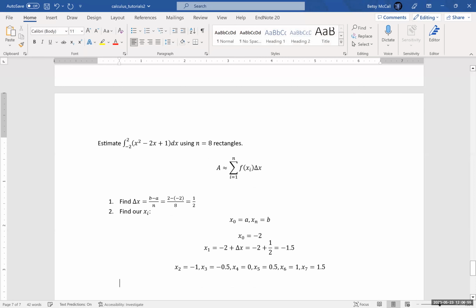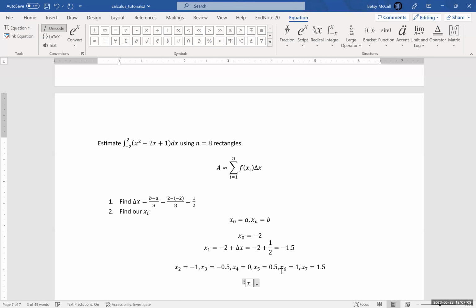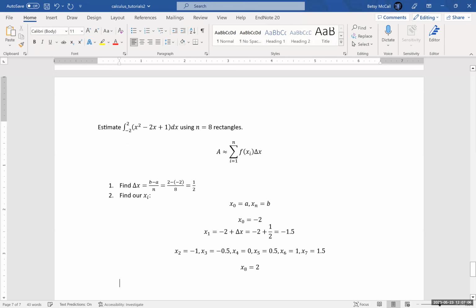And then, of course, we get to x sub 8, which is equal to 2, which is our final value.